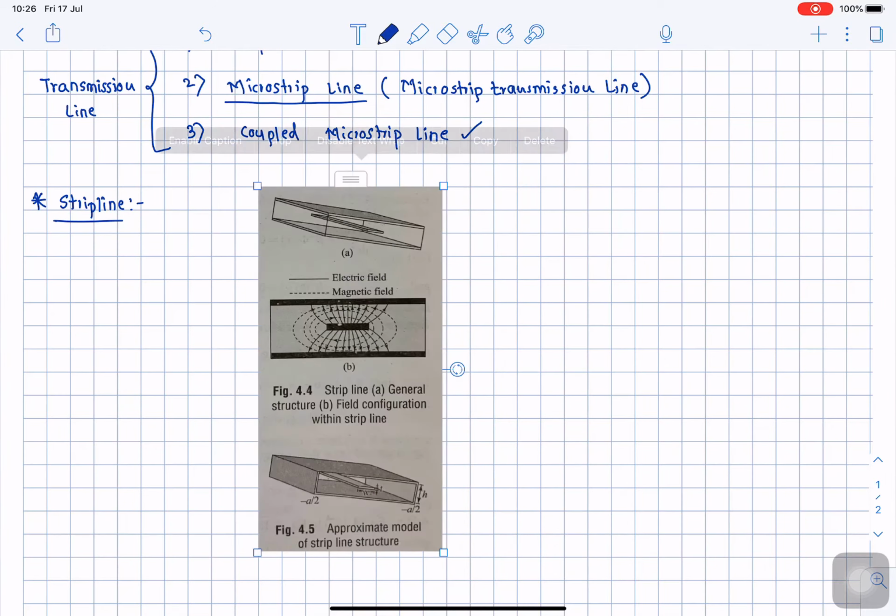So whatever is highlighted in yellow color indicates that the strip line is sandwiched between the two ground planes. Okay, and this sandwich is made by making use of dielectric material. So here you will find the dielectric material inside this transmission line. Actually this is a dielectric material.